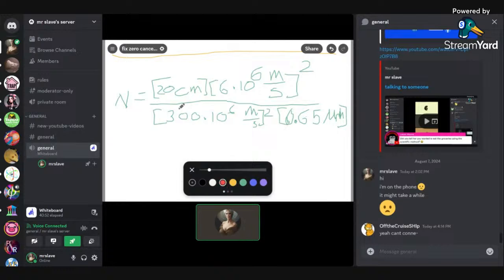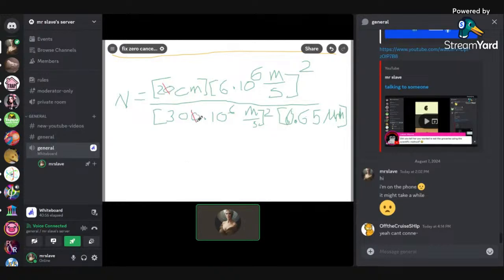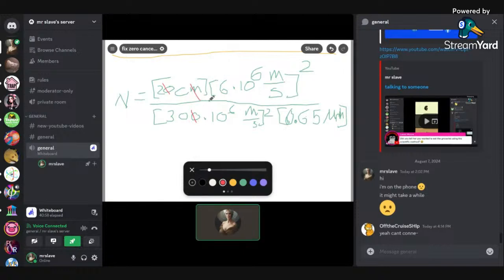So let's start canceling. So right away we see 0 with 0, meter with meter, meters per second squared with meters per second squared, 10 to the 6 squared with 10 to the 6 squared. This is not correct.